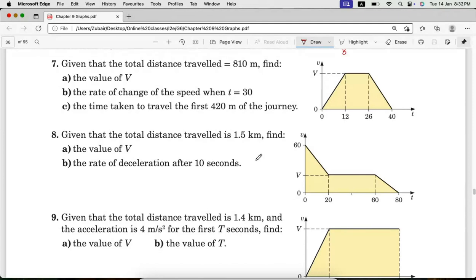So for V, it will be divided by 30. So it will be 30. Yes, Haris, I haven't solved it yet. Okay.